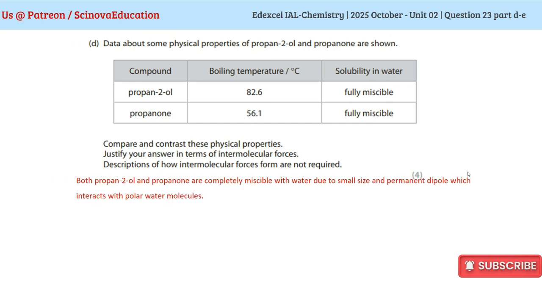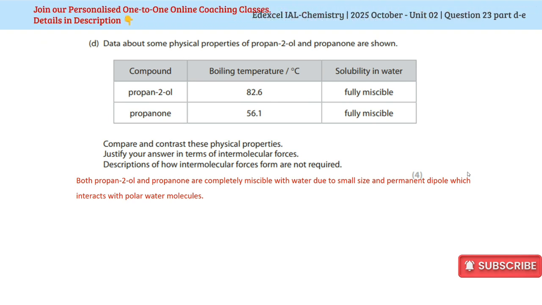So both propan-2-ol and propanone are small 3 carbon molecules. Therefore, because of this small size and permanent dipole nature, they interact with water molecules. Therefore, they are fully miscible.